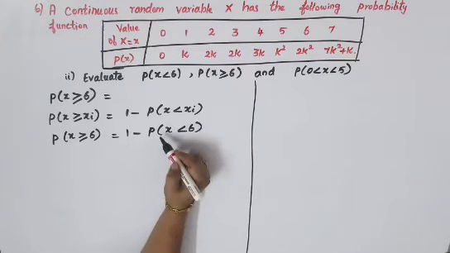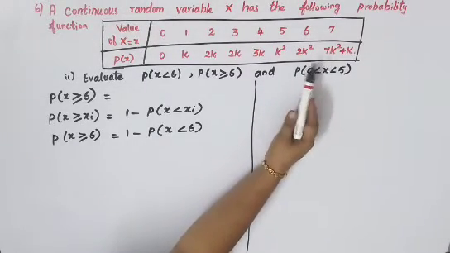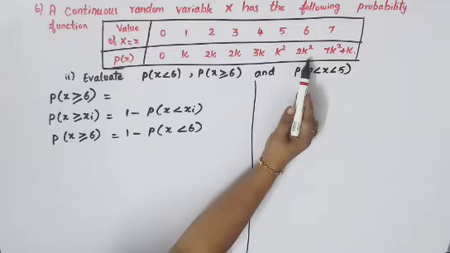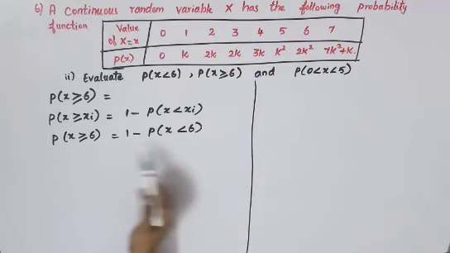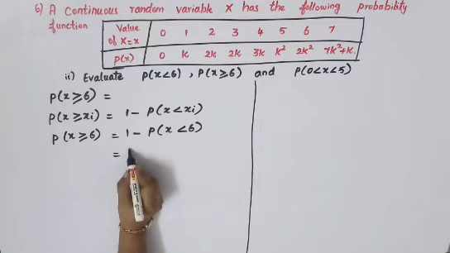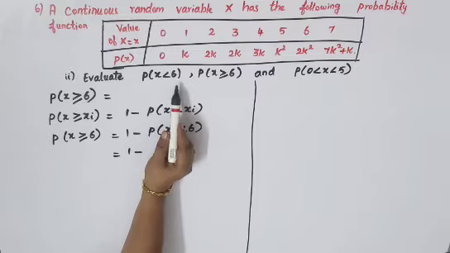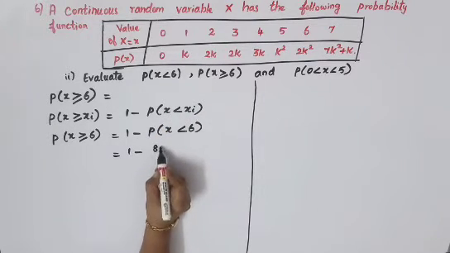Either this method you can use, otherwise greater than or equal to 6 means 6 and 7. You can add them, then substitute the value of k, like that also you can do. Otherwise this will be easier: 1 minus P(X < 6). We have got the value before, P(X < 6) is 81 by 100, so straight away you can substitute it. Understood?